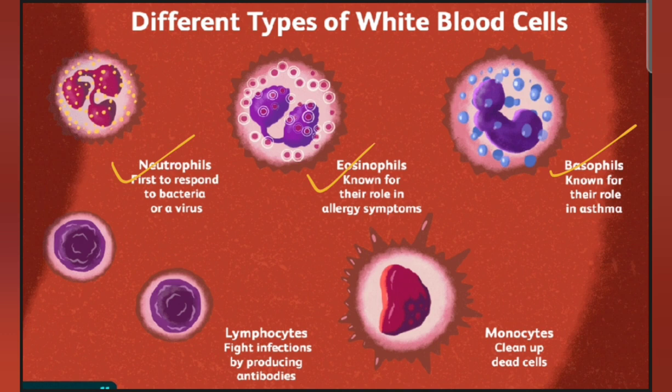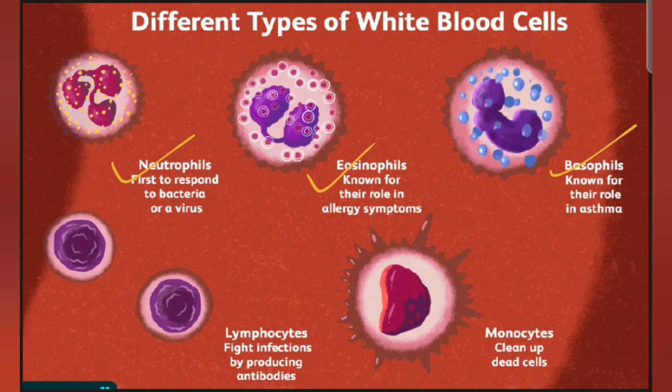Now let's move on to the second category of WBCs, which is agranulocytes. The definition of agranulocytes will be just opposite to that of granulocytes. Agranulocytes are those leukocytes which are devoid of cytoplasmic granules and they contain an unlobed nucleus. Both characteristics are opposite to those in granulocytes.